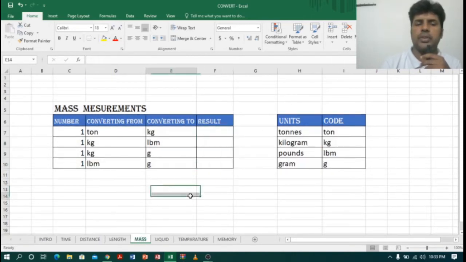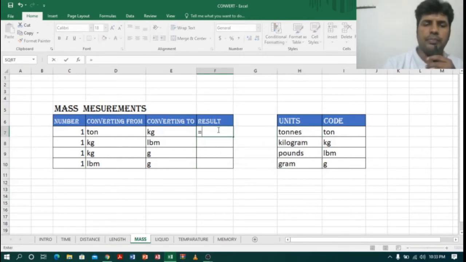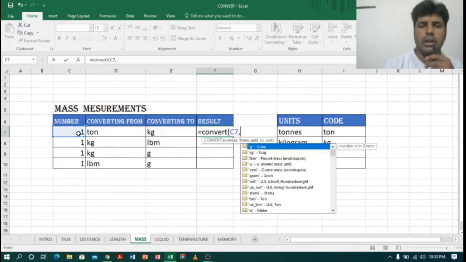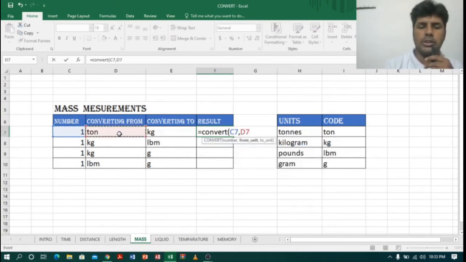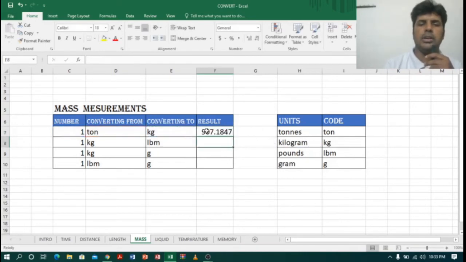It's mass. For mass, we have tons, kilograms, pounds and grams. Let us see once again. =CONVERT, open bracket, select the first cell, comma, next D7, comma, E7, close bracket, enter, and drag again. Nice.